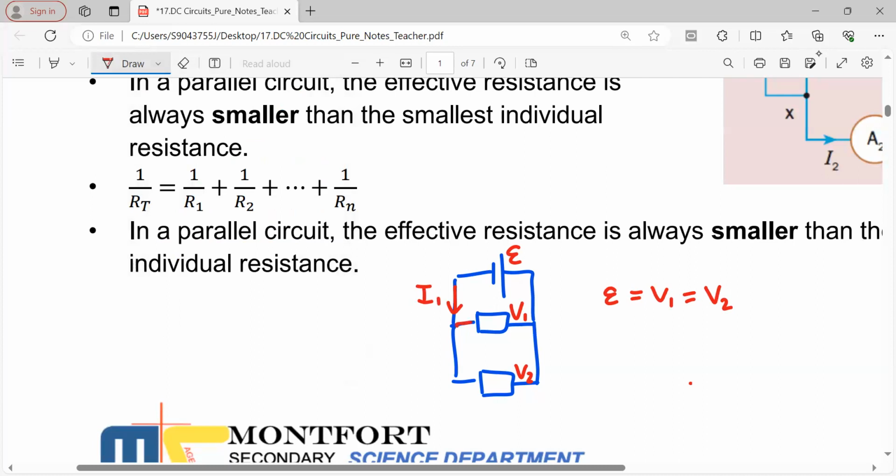Current 1 will split into current 2 and current 3. And after that, they will merge back to current 4. So you see that I1 is equal to I2 plus I3, which is the same as I4 when both currents merge back. So how do you calculate the total resistance of a parallel circuit?